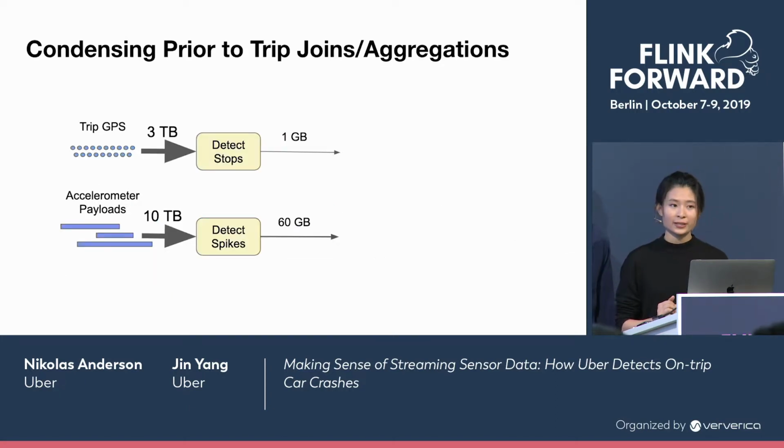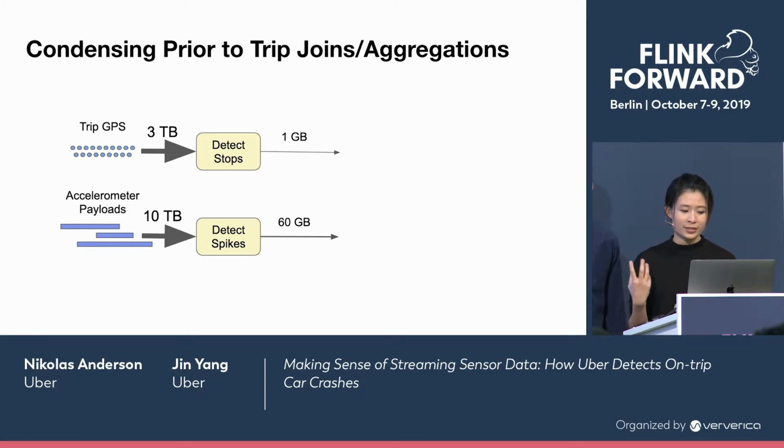We are utilizing the unique characteristic of a car crash event in that it is very rare, and there are some features that are really crucial to a collision. For example, a spike in accelerometer reading followed by a stop in the GPS location.